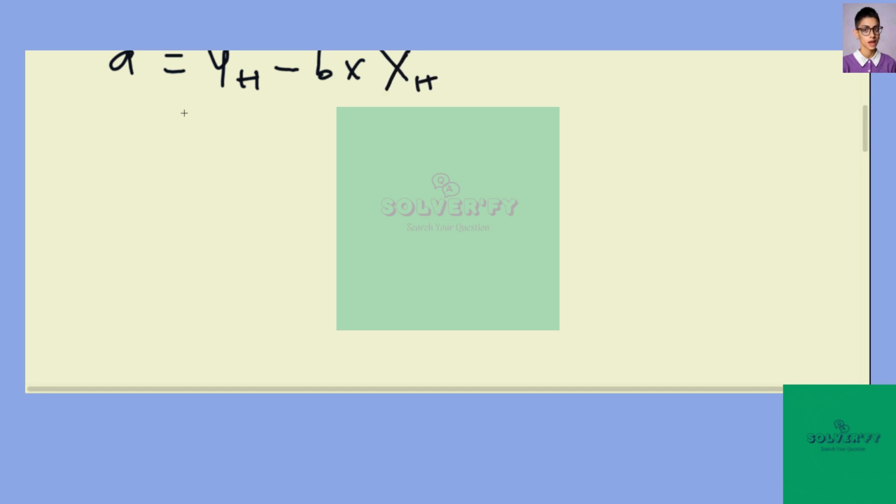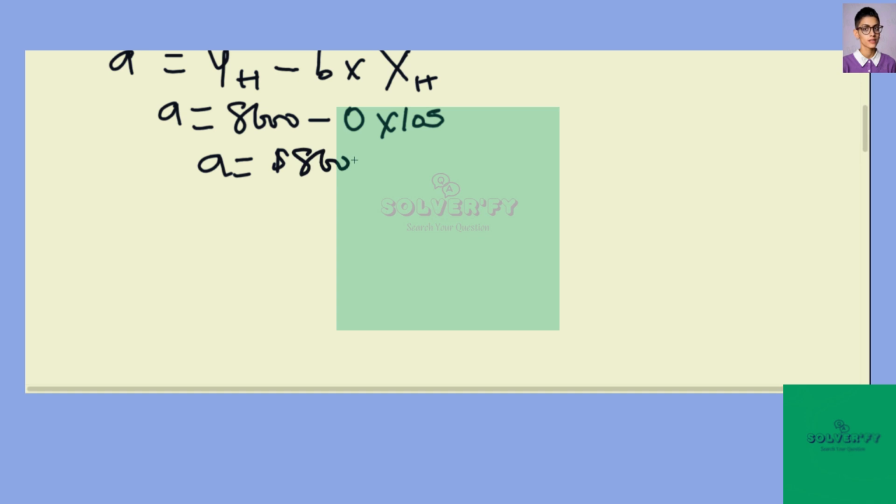So the intercept A for health insurance cost is 8,600 multiplied by 0 minus 0 multiplied by 105, and then A is equal to $8,600. So therefore the cost function for health insurance cost is y equals 8,600.